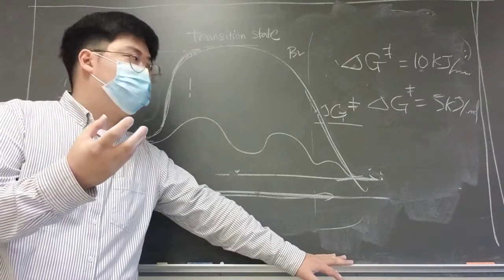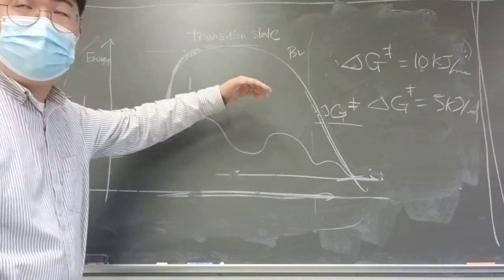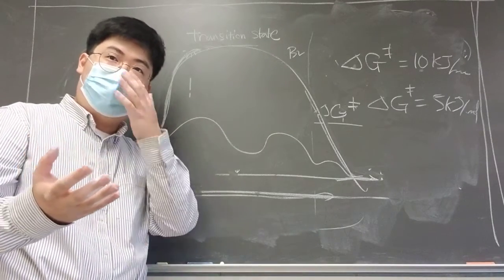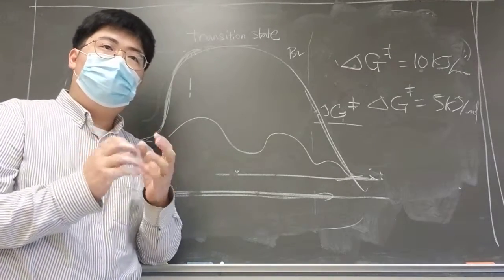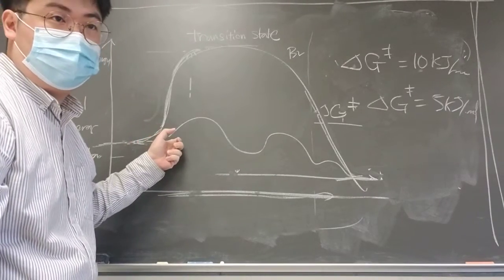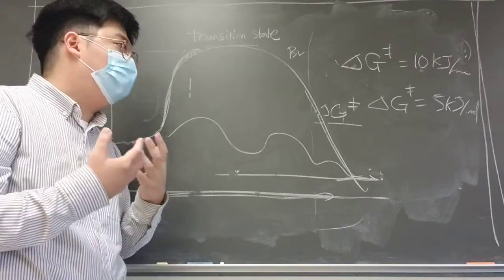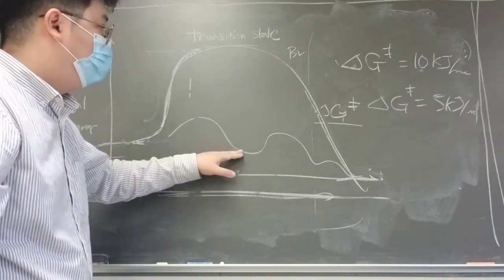To overcome this activation energy, you need a high kinetic energy. That means a biological system needs to have an enzyme because it cannot increase the temperature. If it increases temperature, it'll kill the host. So they cannot do it. Either way, what they choose is the enzyme.